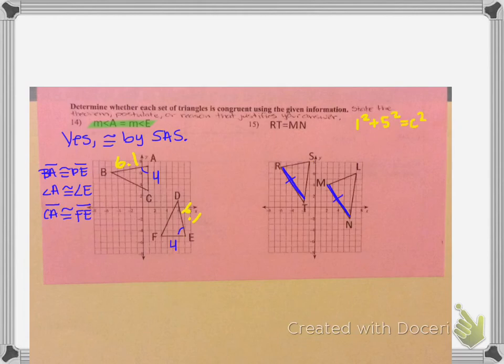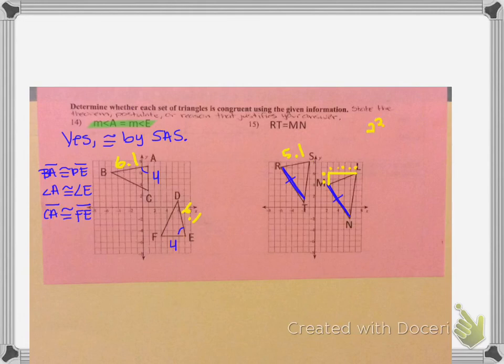I'm going to plug those numbers into Pythagorean theorem to find its length. I'm getting the square root of 26, which is going to give me about 5.1. Now, I want to see if the short side on this other triangle is matching up. When I do the right triangle on this short side, I get that this right triangle is 2 by 1, 2, 3, 4, 5.